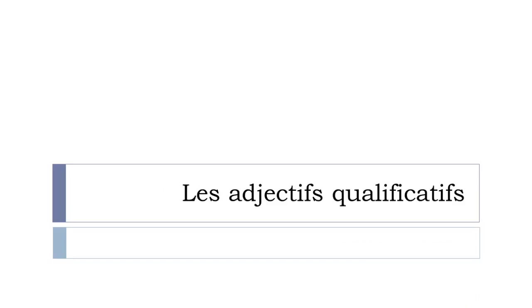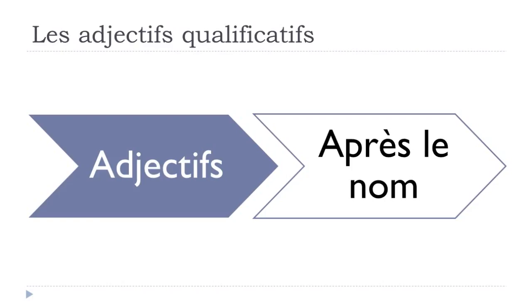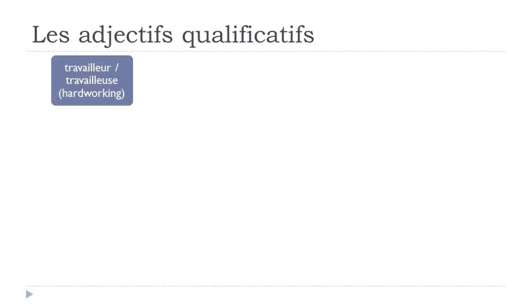Today we will work on les adjectifs qualificatifs. So adjectives that are really, really useful, and we'll see that in most of the cases, we will put this adjective after the name. Okay, so let's see a few examples now. The first one, travailleur, travailleuse.